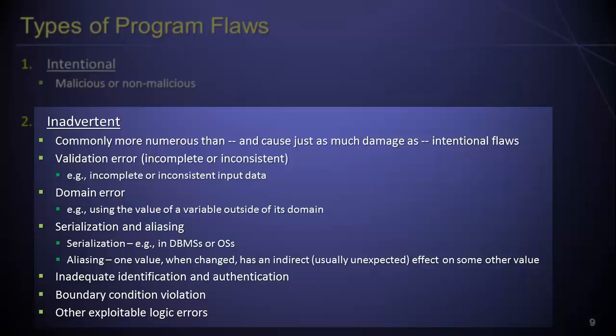Inadvertent software program flaws can exist in many forms, including validation errors, domain errors, serialization or aliasing errors, inadequate identification and authentication, boundary condition violations, or any number of other exploitable logic errors.